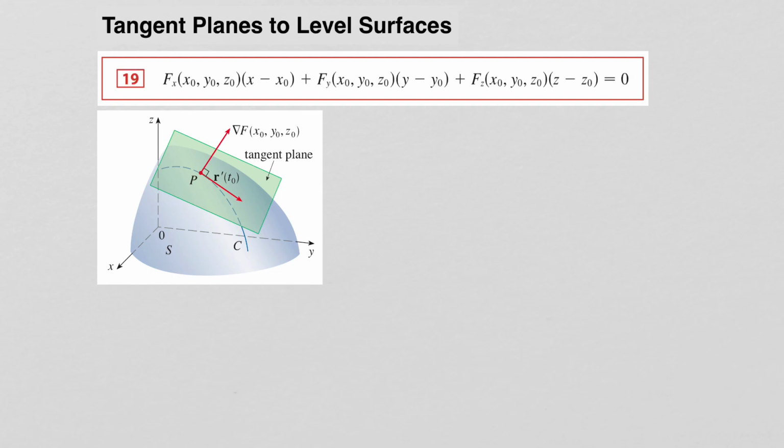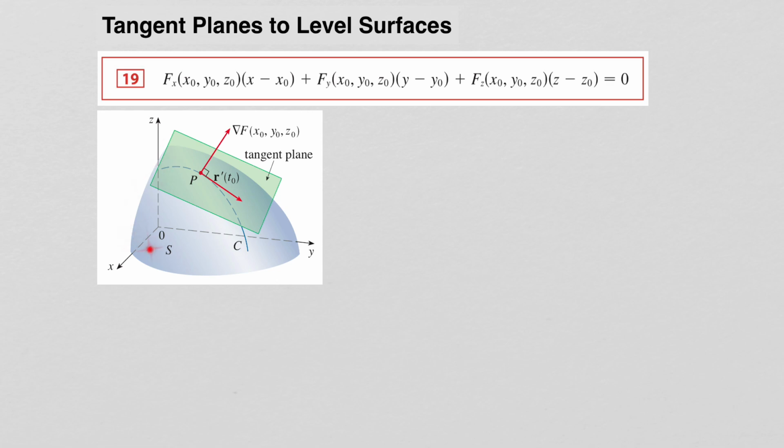Now we can also talk about tangent planes to level surfaces. This is a little bit tricky to visualize because we are looking at essentially a function of 3 variables. And so level surfaces are not the same as level curves. So basically, we're just talking about the tangent plane to some kind of a surface.